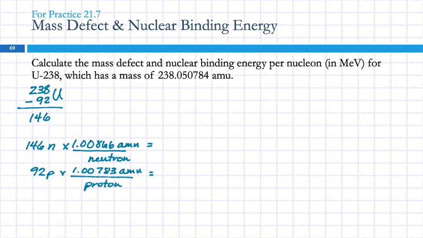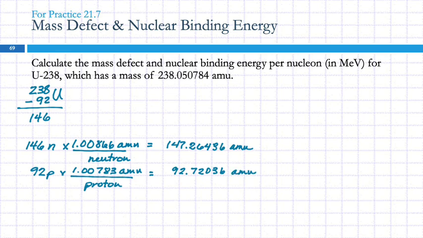Okay, so we've got 1.00866 times 146, which is 147.26436 atomic mass units. And then we have 1.00783 times 92, which is 92.72036 atomic mass units.